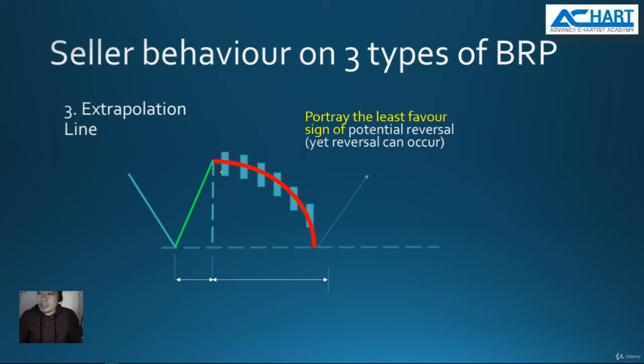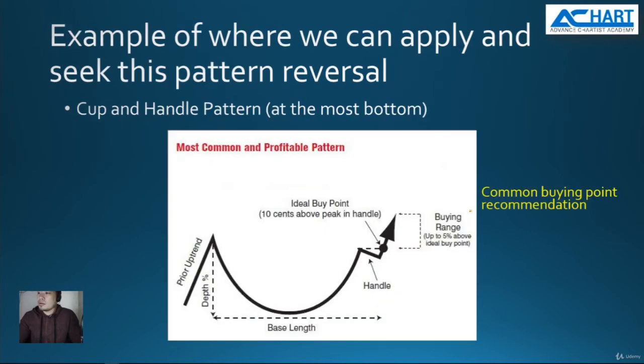Most people in the conventional way use this method to identify where to buy. The buy point is here, according to a lot of legendary investors. When he is making a handle, then maybe it is time for us to buy.